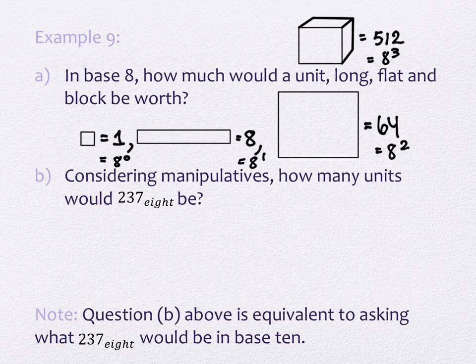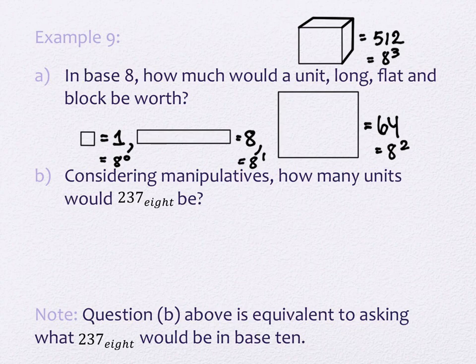So if we had the number 237, and notice I did not say two hundred thirty-seven, and I didn't because the word hundred means I'm in base 10, and I'm not, I'm in base 8. So I try my very best to say them correctly. It is 237 base 8. How many units would you have, right?